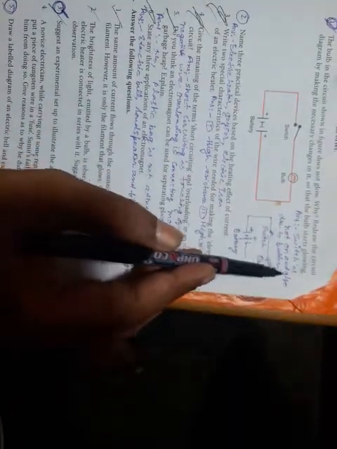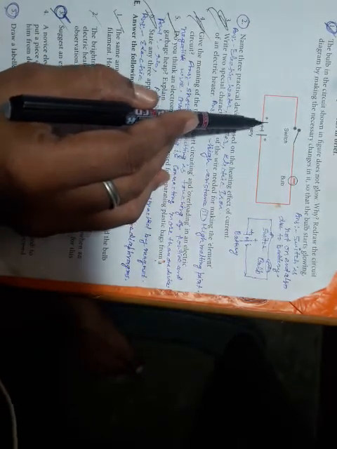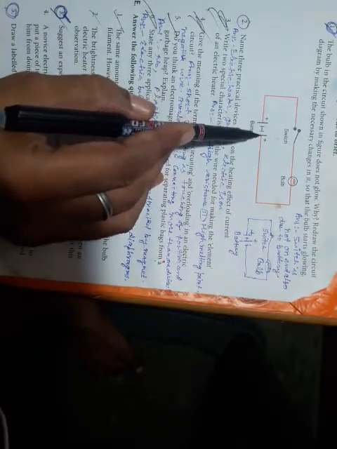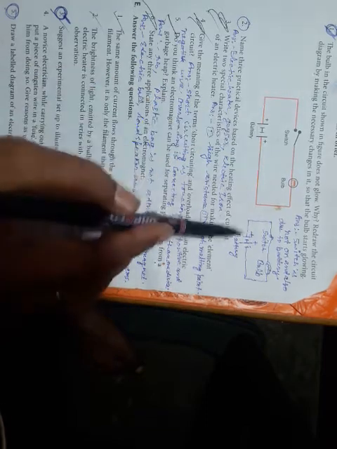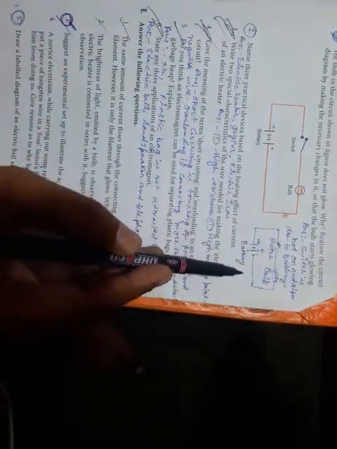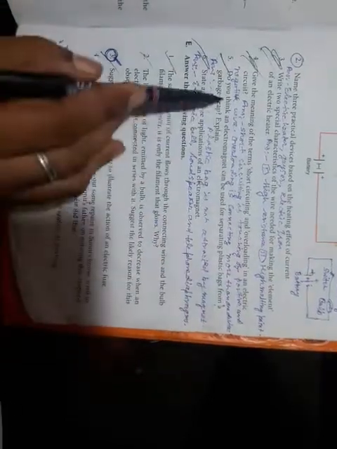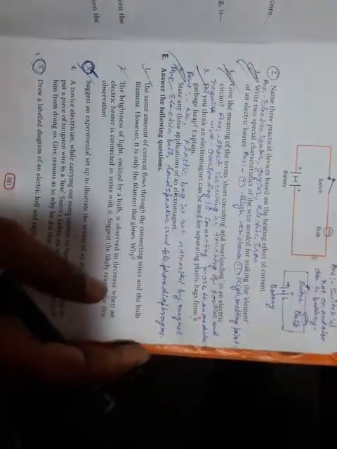You have to redraw it. I have drawn this figure here. Electric heater, geyser, electric iron: high resistance, high melting point. All these things you can write.